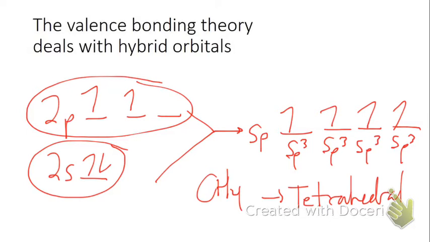So, based on the time, I'm going to stop here with sp3 orbitals, and in the next video we'll finish the 2 different bonding theories, because we're going to talk about different types of bonds, different things that those bonds can do, and then the last and final bonding theory that we'll cover in this class.